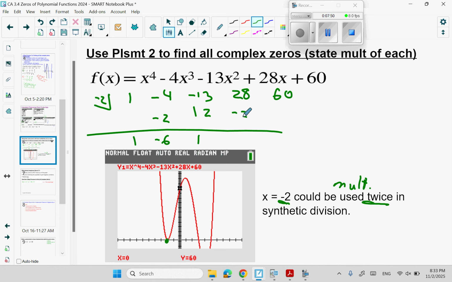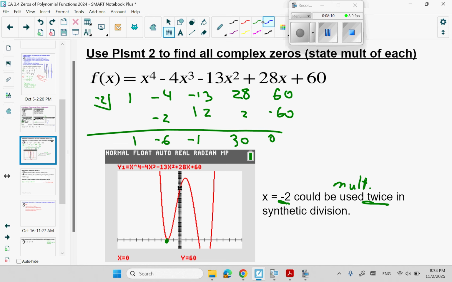Why is that happening? -13 plus 12 is obviously -1, so this should be +2, therefore 30, therefore -60 works out.